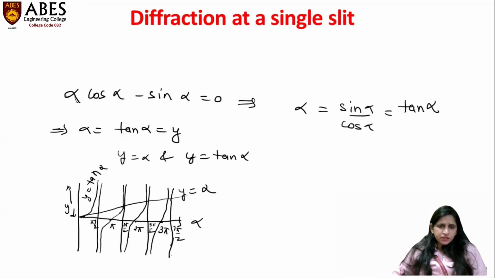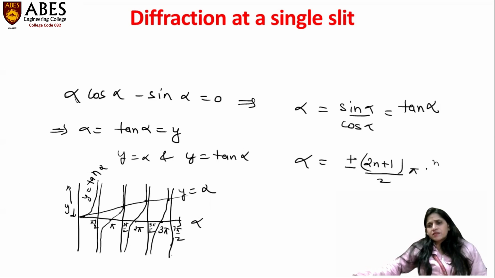Now we see that the intersection points lie near 7 pi by 2, 5 pi by 2 and 3 pi by 2. So from here we can easily find the value of alpha. The value of alpha will be plus minus (2n plus 1) pi by 2, where n is 1, 2, 3 and so on.